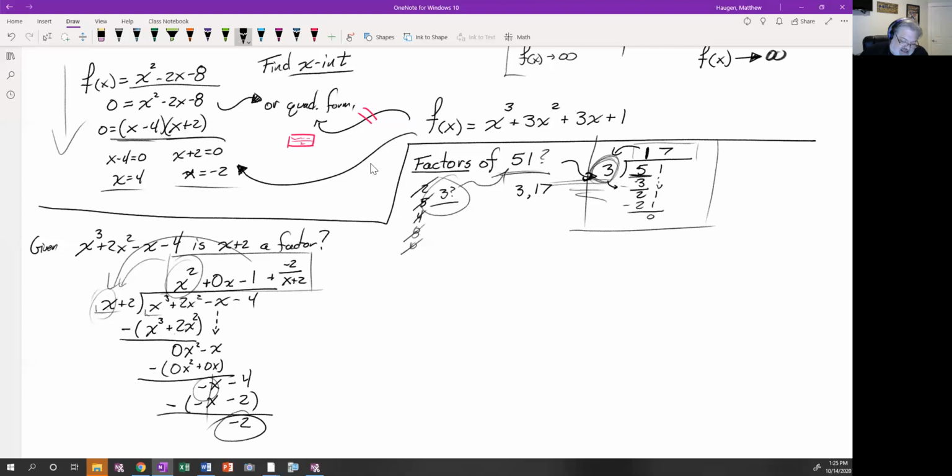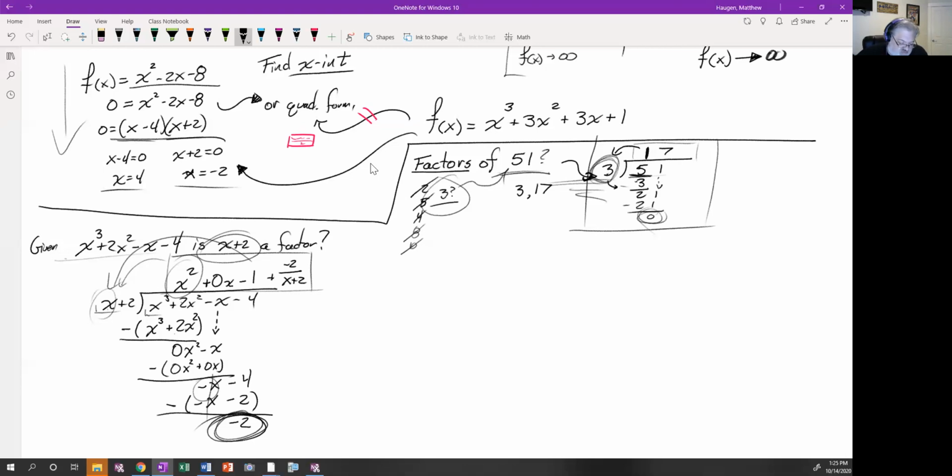But the question of, is x plus 2 a factor of that polynomial? Yes or no? Seeing no's, it didn't divide out clean, right? That 3 was a factor of the 51 because we got a remainder of 0. Any other remainder would have told us it's not a clean factor.